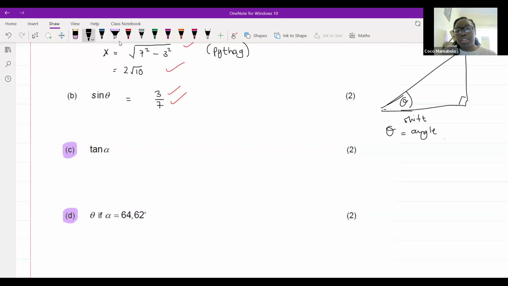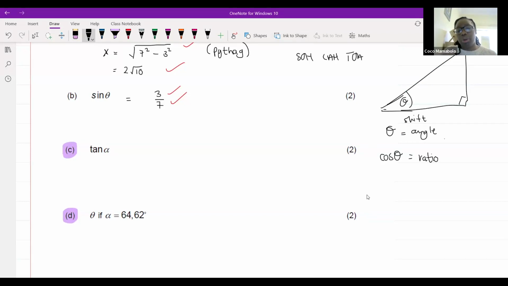But if they say determine cos of theta, you know that cos means something in terms of SOHCAHTOA. Okay, so when they ask you for cos of theta, then what do they want from you? Now they don't want the angle, they want the ratio.